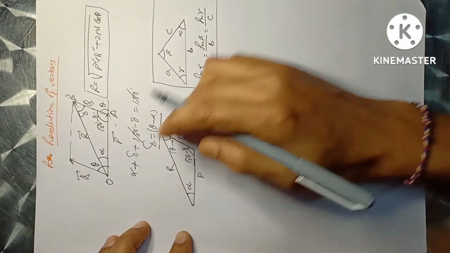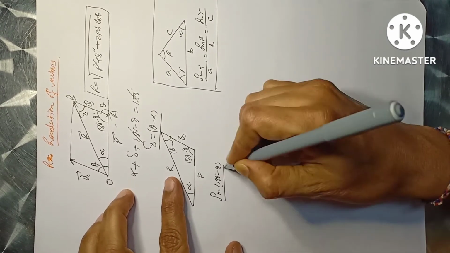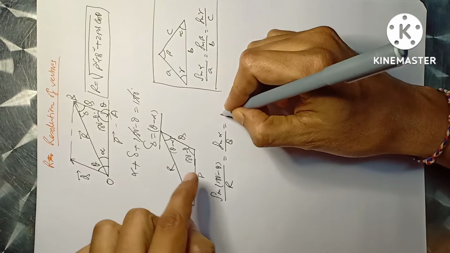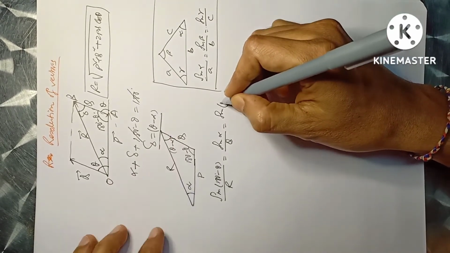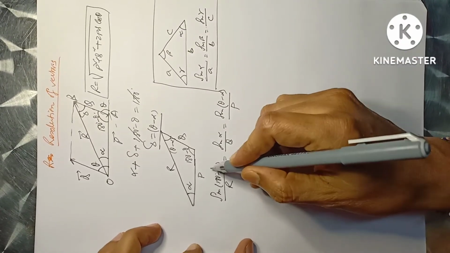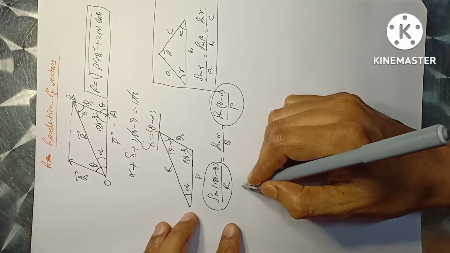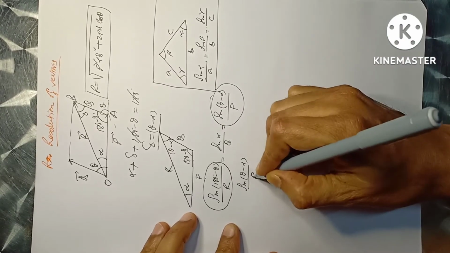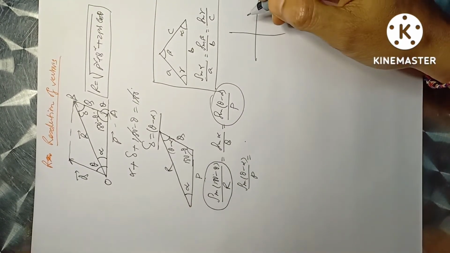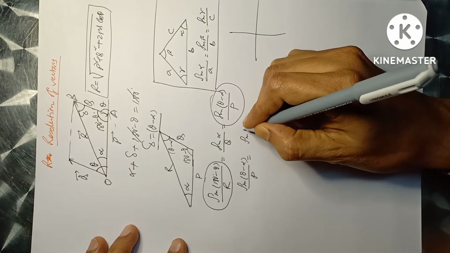By using this formula, we get sin of 180 degrees minus theta divided by R, equals sin alpha divided by Q, equals sin of theta minus alpha divided by P. And from this part, we can write sin of theta minus alpha divided by P equals sin of 180 minus theta divided by R. From the triangle trigonometry formula we all know, sin of 180 minus theta is sin theta.